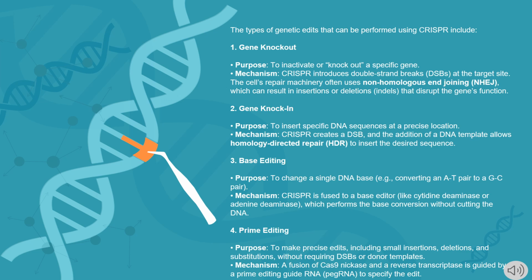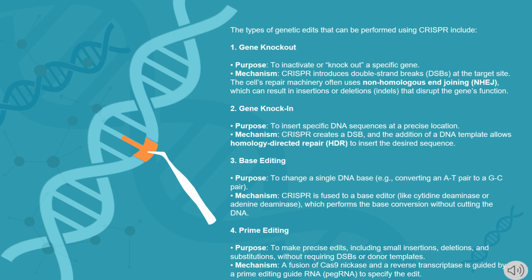2. Gene knock-in. Purpose: to insert specific DNA sequences at a precise location. Mechanism: CRISPR creates a DSB, and the addition of a DNA template allows homology-directed repair (HDR) to insert the desired sequence. 3. Base editing.